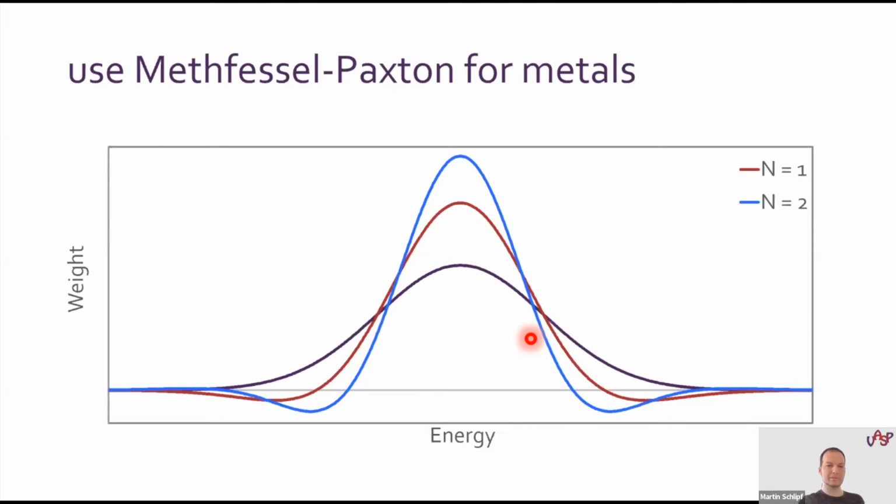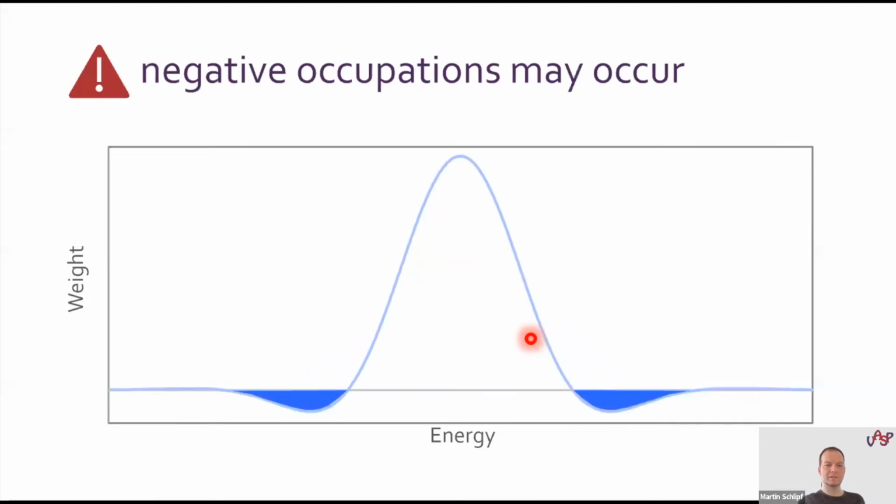However, there's one disadvantage of the Methfessel-Paxton method, and that comes from the fact that this weight function goes below 0. This means that some states will have negative occupancy, and this is of course unphysical. A physical state cannot be negatively occupied; you can only have a positive number of electrons in it.